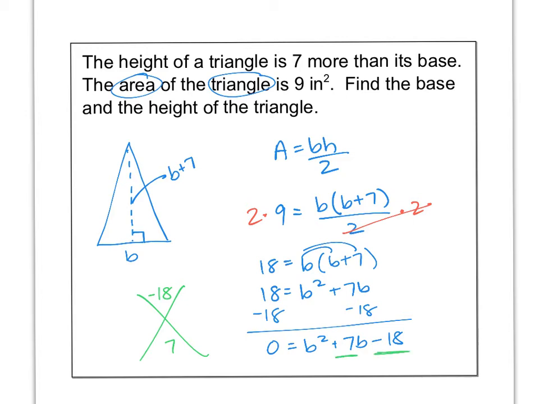This is called factoring. And so when you think about the numbers, it's probably going to be a 9 and a 2. And you have to figure out which one would be positive, which one would be negative. Well, 9 times negative 2 is negative 18, and 9 plus negative 2 is 7.